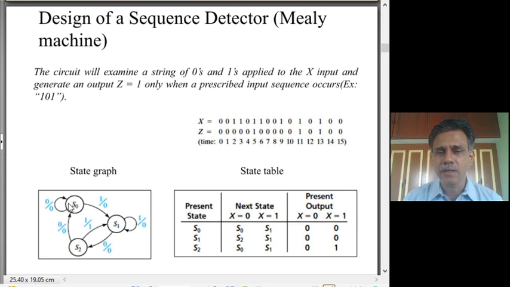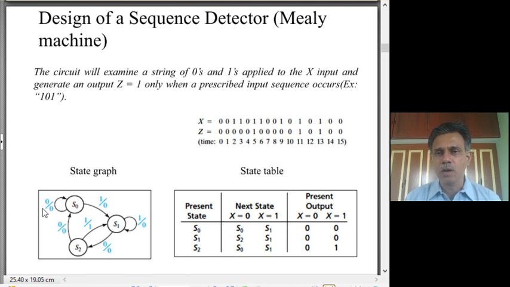The direction indicates to which state we go. We have labels on those arcs. So this tells that from S0 we go back to S0. The way we denote the label is what the input is and correspondingly what the output is.